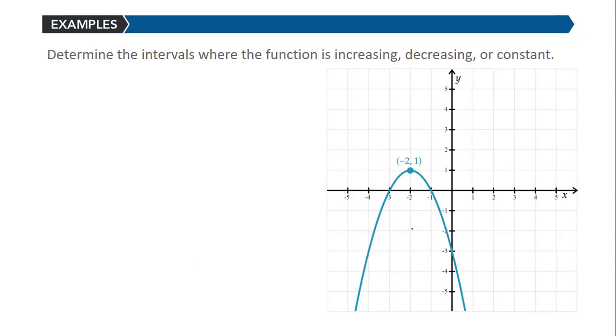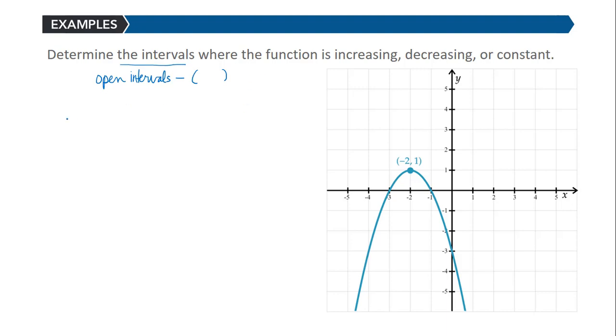So our goal with these problems is going to be to determine the intervals where a function is increasing, decreasing, or constant. The most important part of this is that we always answer with open intervals. That is, even if the endpoint is included in the graph, we always use parentheses with our intervals.